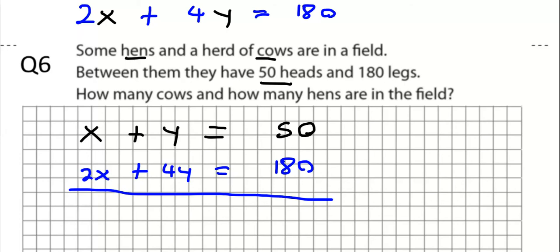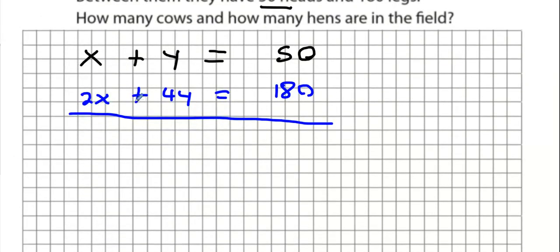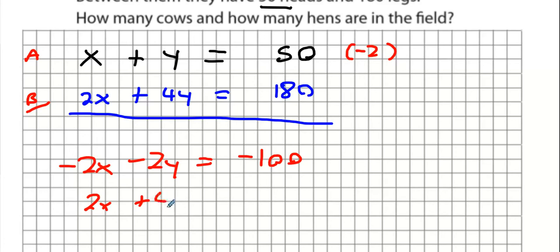Let's multiply the top equation by minus 2, because minus 2x will get rid of a plus 2x. Multiply both sides of equation A by minus 2. So minus 2 times x is minus 2x, minus 2 times y is minus 2y, and minus 2 times 50 is minus 100. And then you also have 2x plus 4y equals 180 underneath.